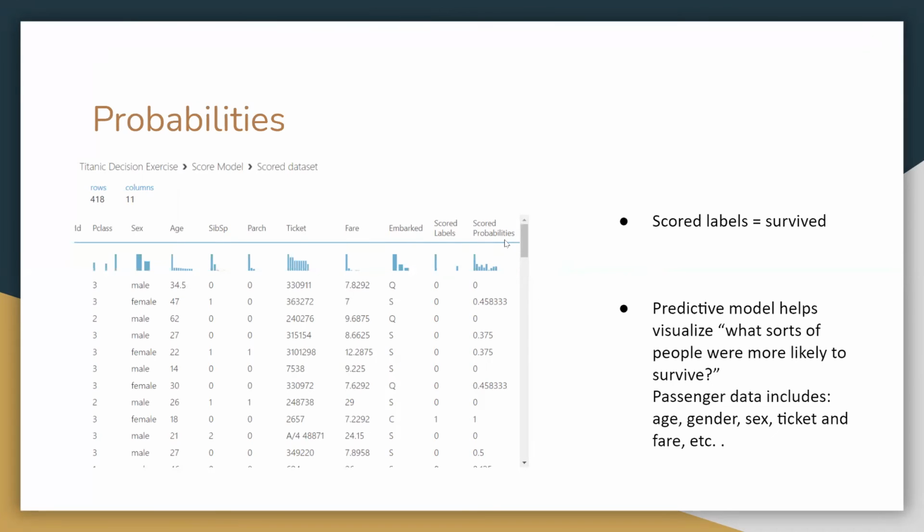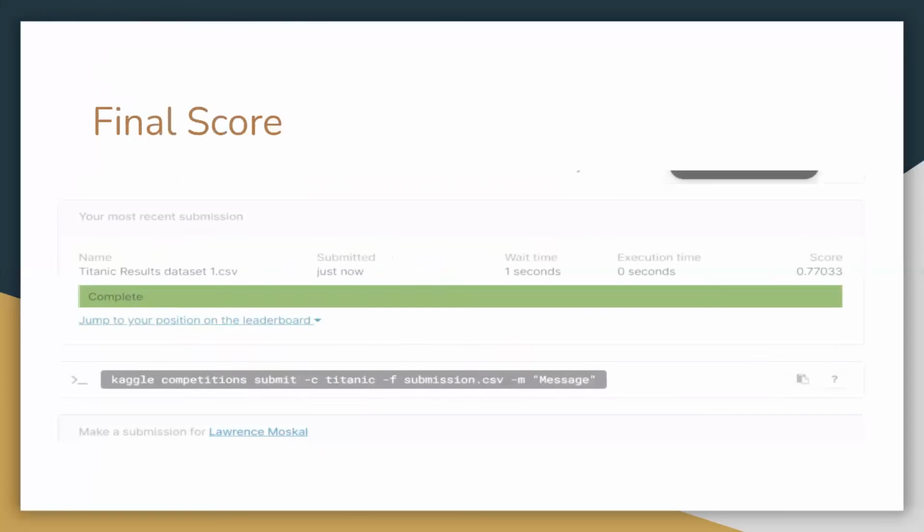And if you see where our scored labels, scored probabilities showed someone at the age of 35. Our final score ended up being 77 on the Kaggle website.